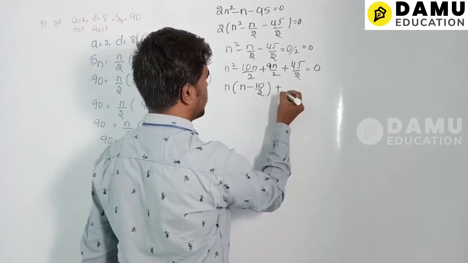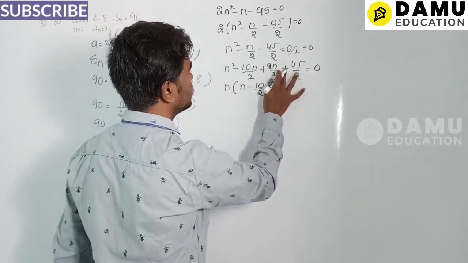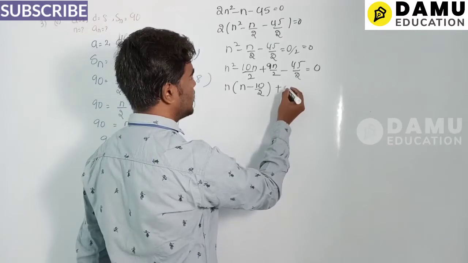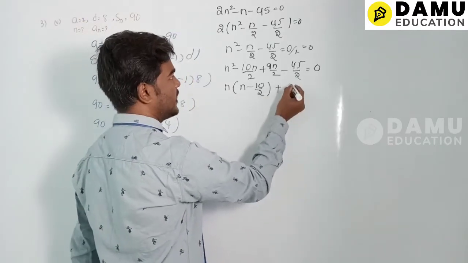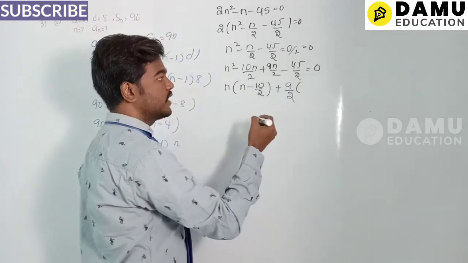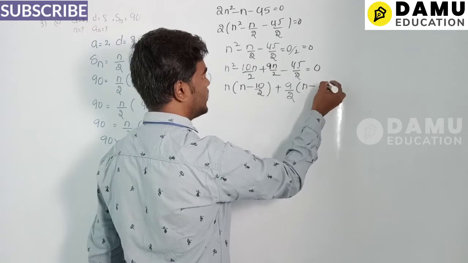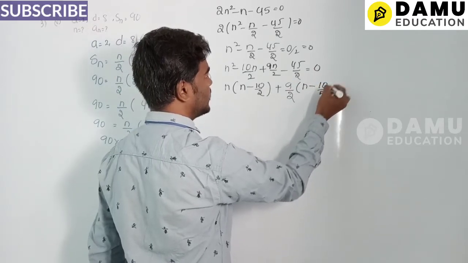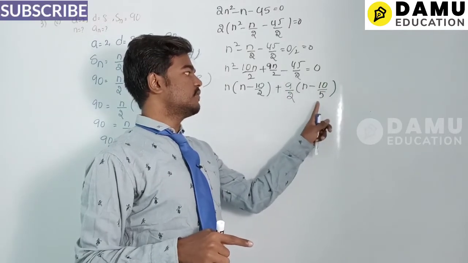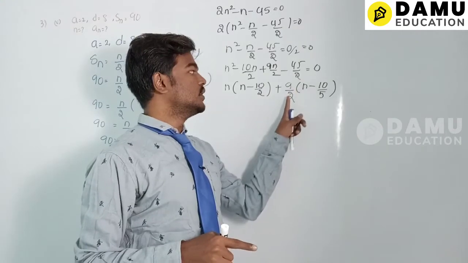Because 9 into 10 by 2 gives 45 by 2. This is the way.